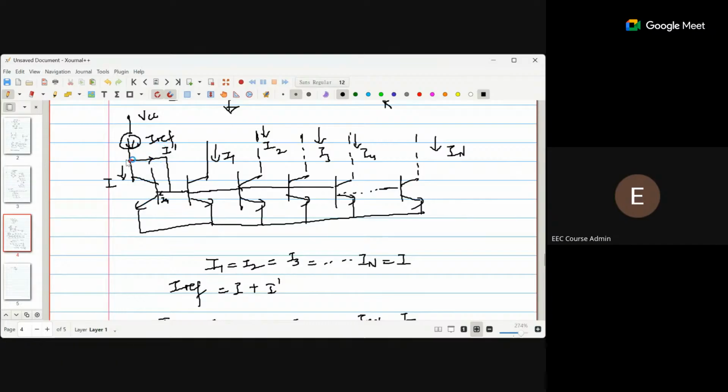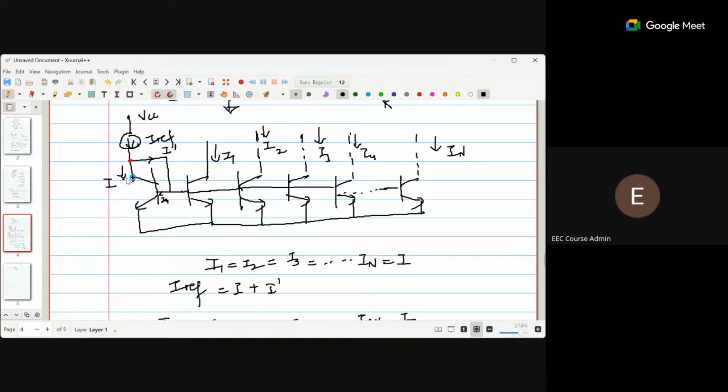So here I have just shown you that replication in the same circuit. At this node, this red color which I have marked here, KCL gives I reference equal to I plus I prime. Ideally these mirrored currents should be equal: I1 equal to I2 equal to I3 equal to IN, I have n number of stages.